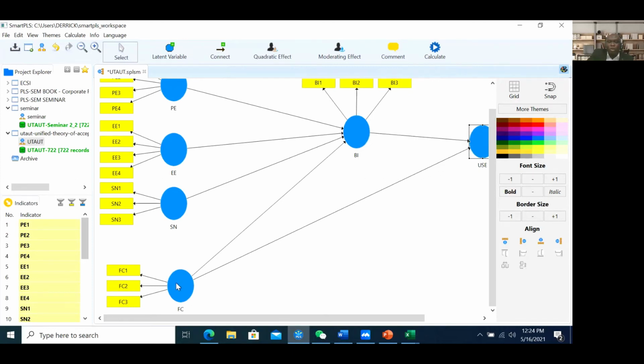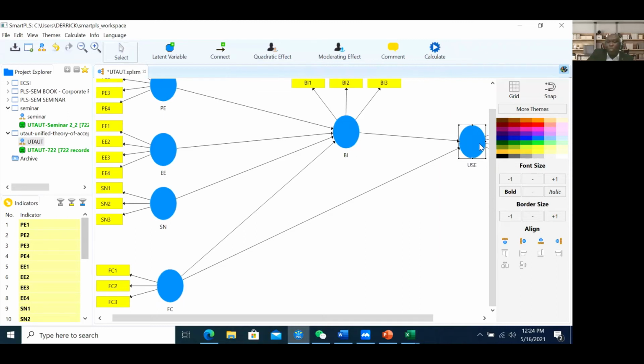So this is y1, y2, y3. We want to see whether any change in FC causes a change in BI, which in turn causes a change in the use.